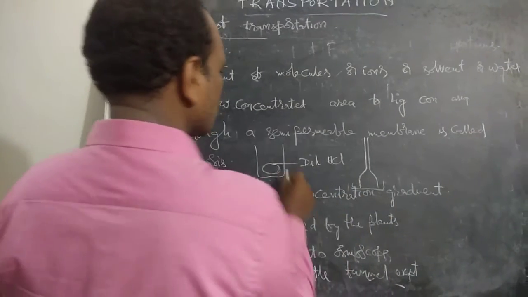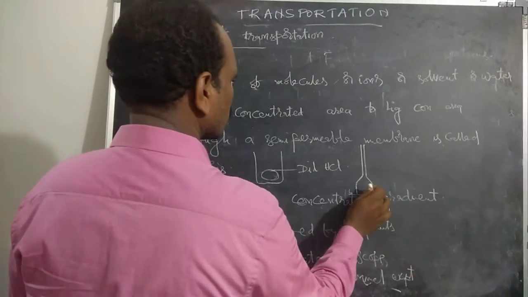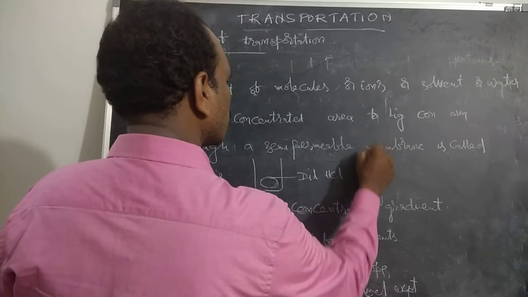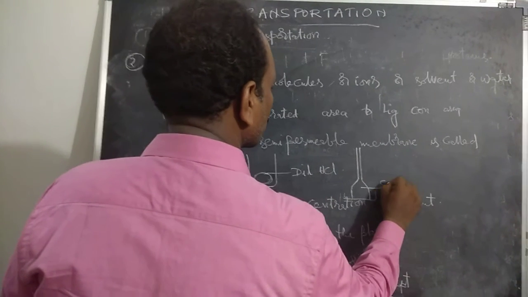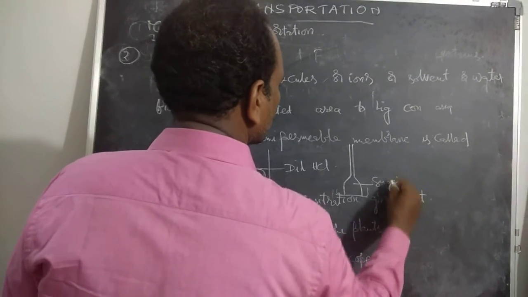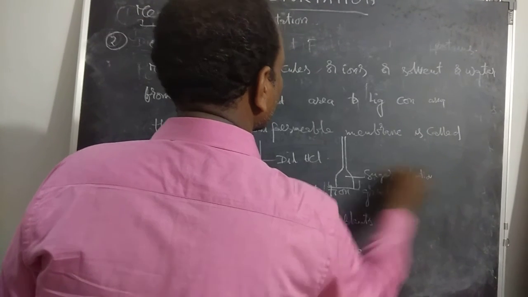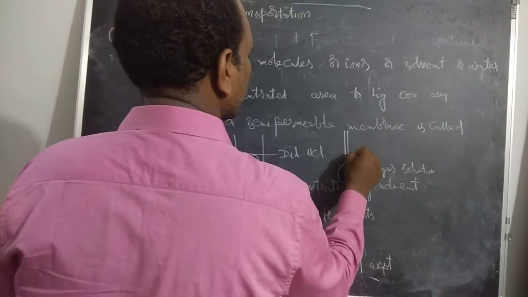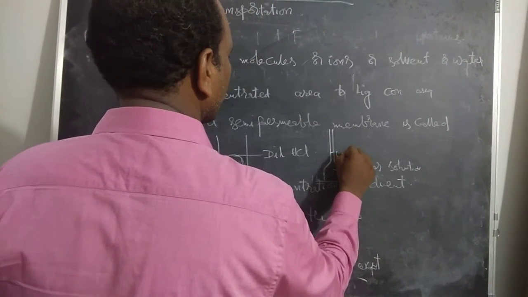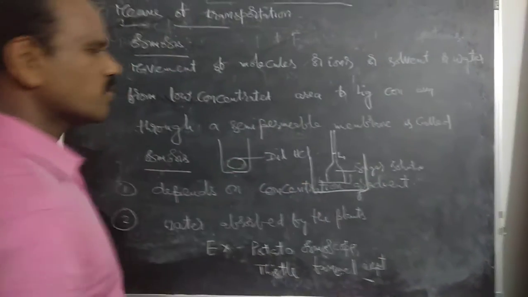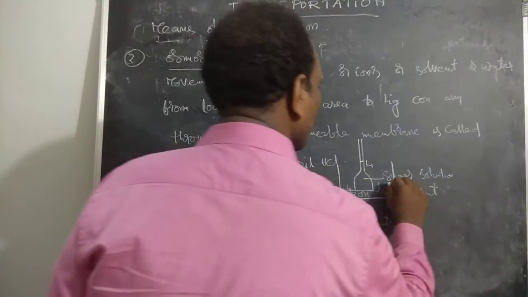This semi-permeable membrane covers the broad part of the thistle funnel, and we pour sugar solution into the thistle funnel. Make the mark as L1. This entire apparatus is kept in a glass beaker which contains pure water.